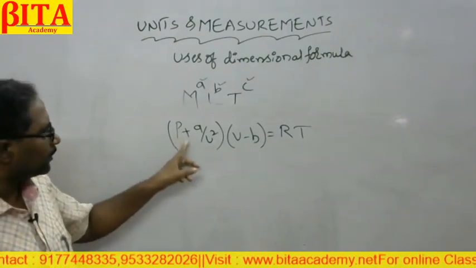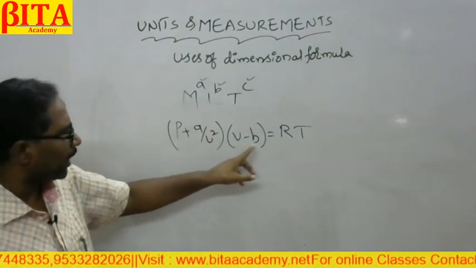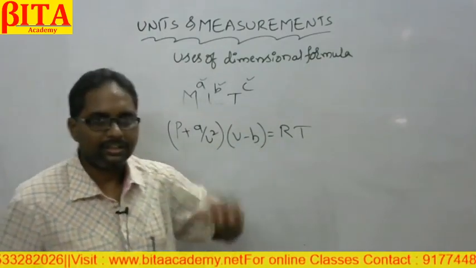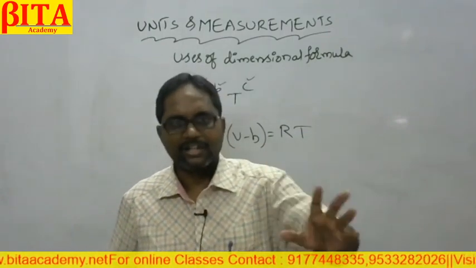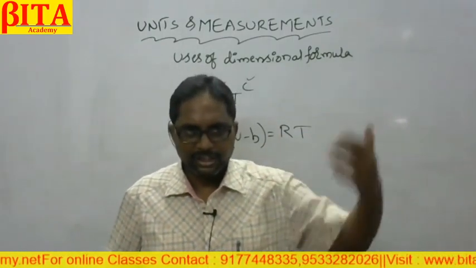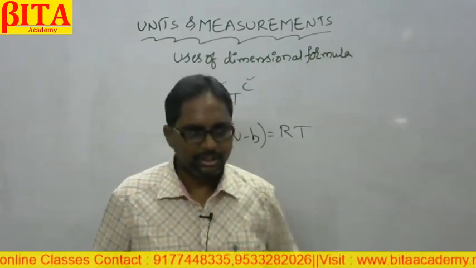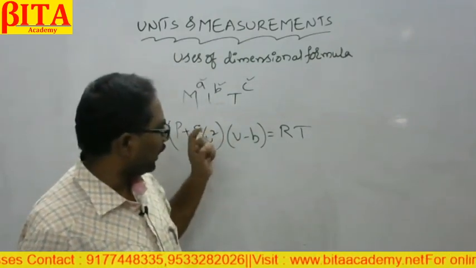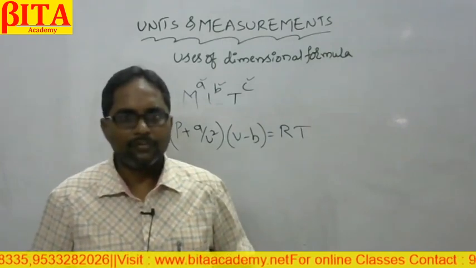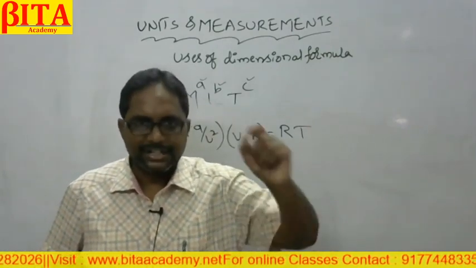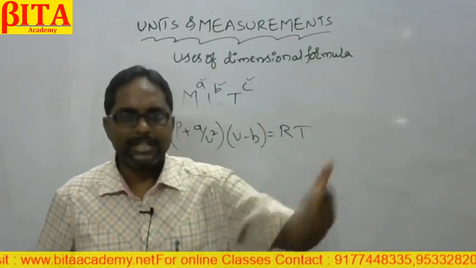So P plus A by V square into V minus B is equal to RT. This kind of equation will be given in your examination. In one of the NEET examinations, this question was asked. They will ask you to find the dimensional formula of either constant A or constant B.